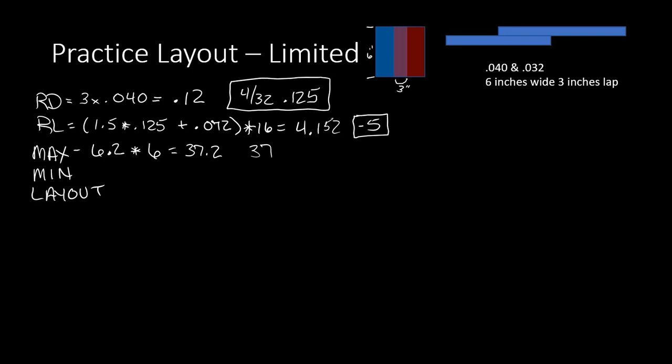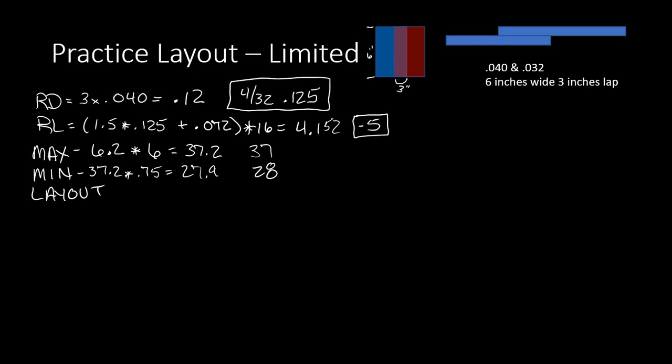I'll take that 37.2 times the 75 and I'll get 27.9 as my minimum. So 28 rivets. I have to pick a number somewhere in between there.